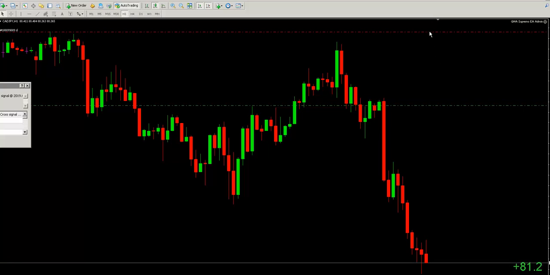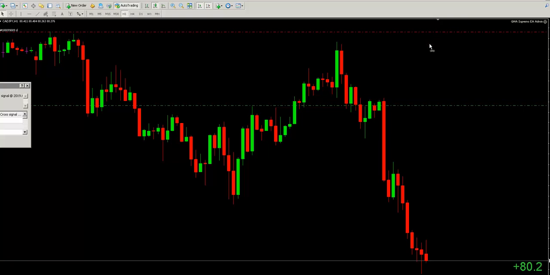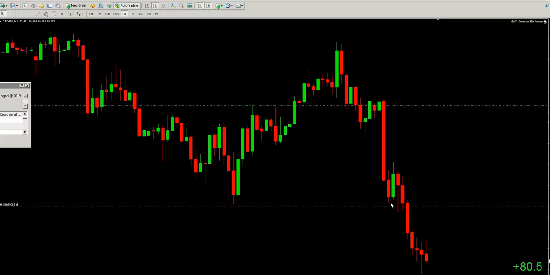So what I'll do is I'll drag it down. Let's drag it, if it will move. Now, by the way, if you don't know, this is the MT4 platform. So I will be placing it here at structure.